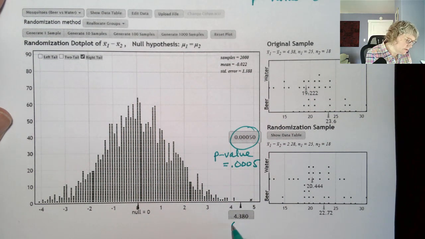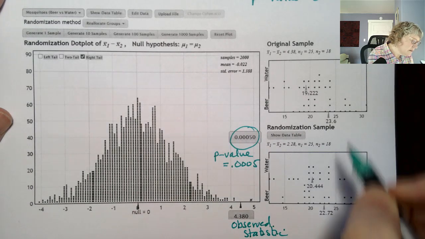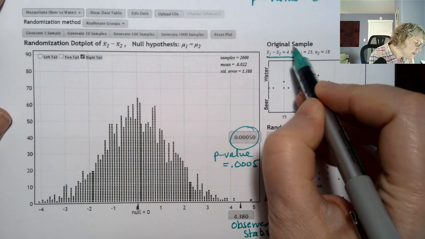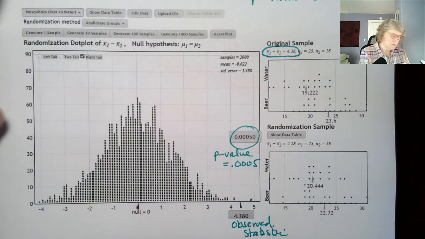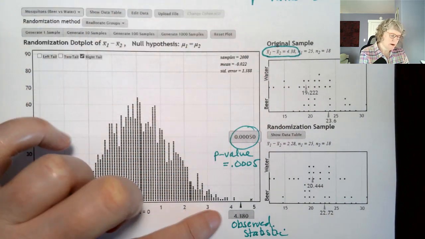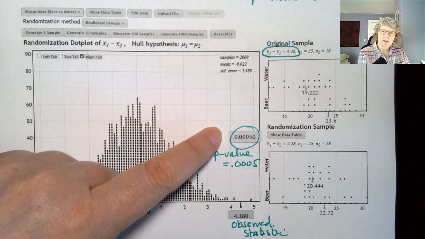So this is our observed statistic, which I'm going to circle right here. So we put this number right there, and we get out the p-value.